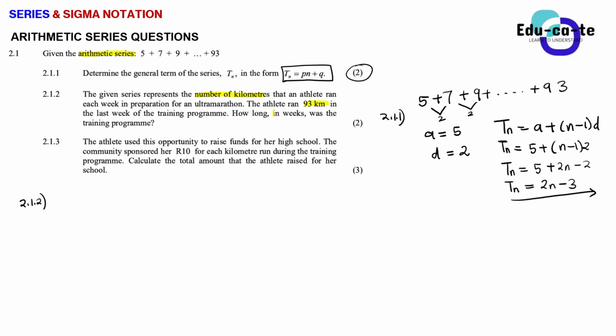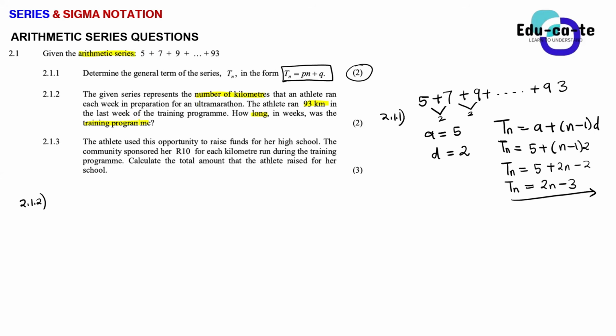How long in weeks was the training program? Now you have to apply. I don't know which province was giving out these question papers last year, but in 2025, this is one of your provinces, probably Gauteng, because Gauteng likes asking English questions in maths. Tell us, Gauteng kids, how can we be able to attempt this question?